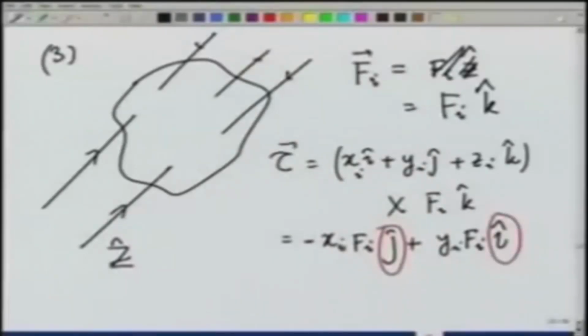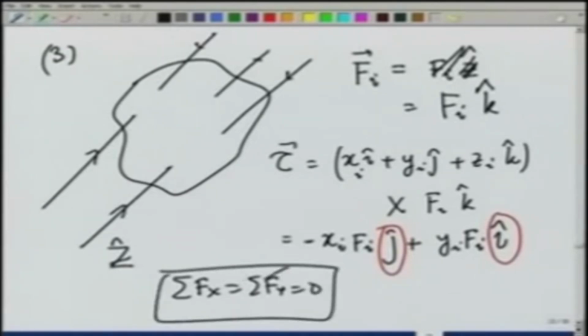So, I need not worry about the z component of the torque. Since there are no components of the force in x and y direction in this case, summation f x is equal to summation f y is equal to 0 is automatically satisfied. I need not consider it.